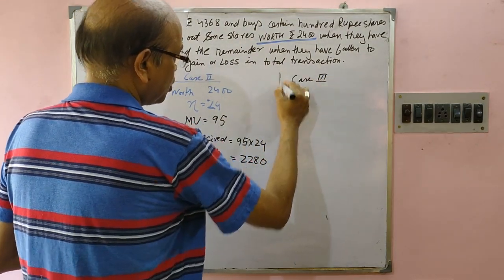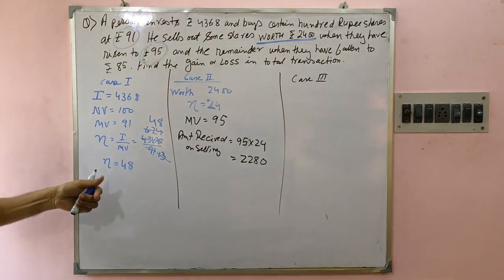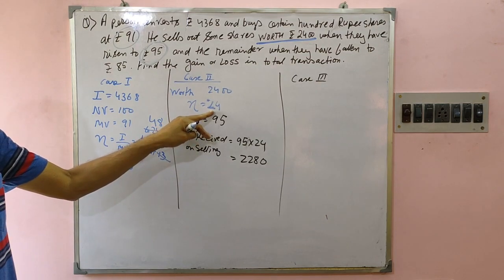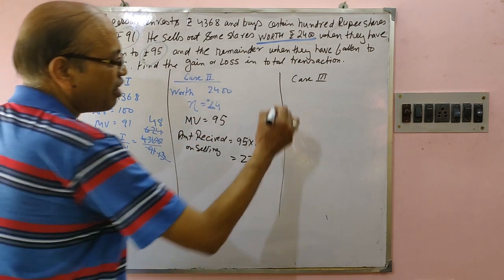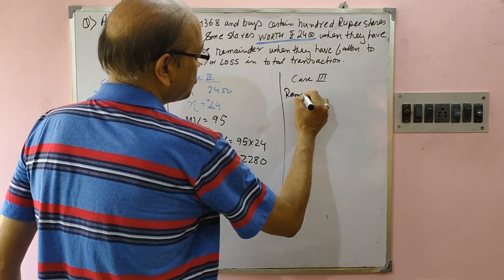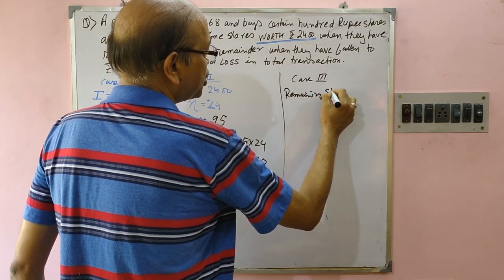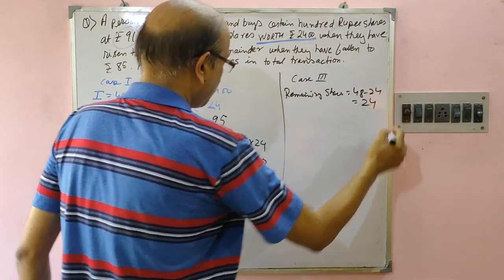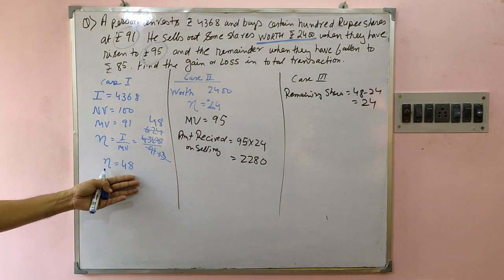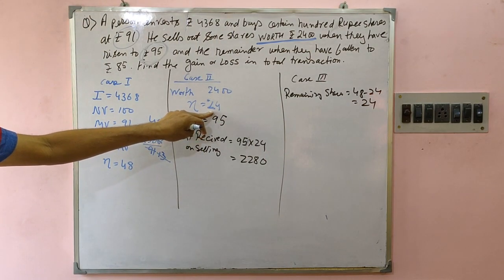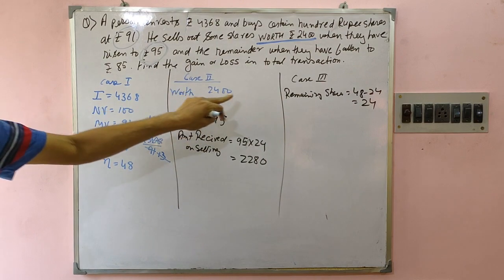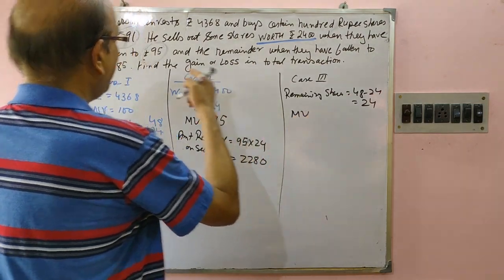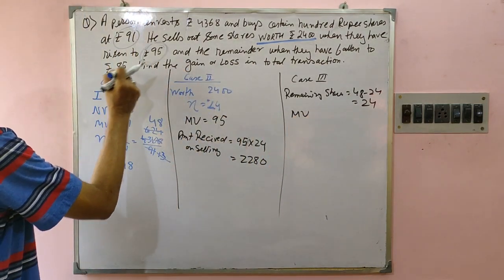Now, case 3. Originally he had 48 shares, out of which he sold 24 shares. Therefore, the remaining shares are 48 minus 24, which is 24 shares. This he sold when the market value falls to rupees 85.